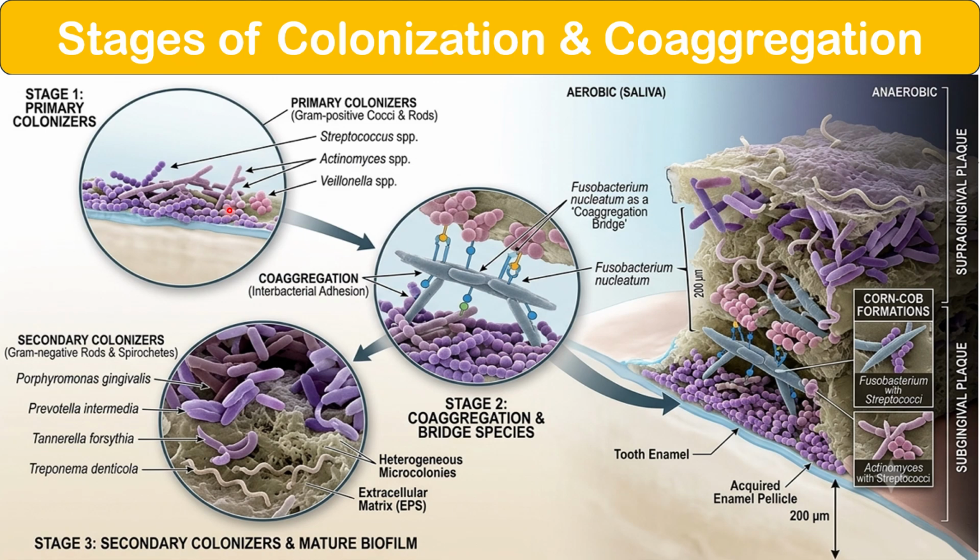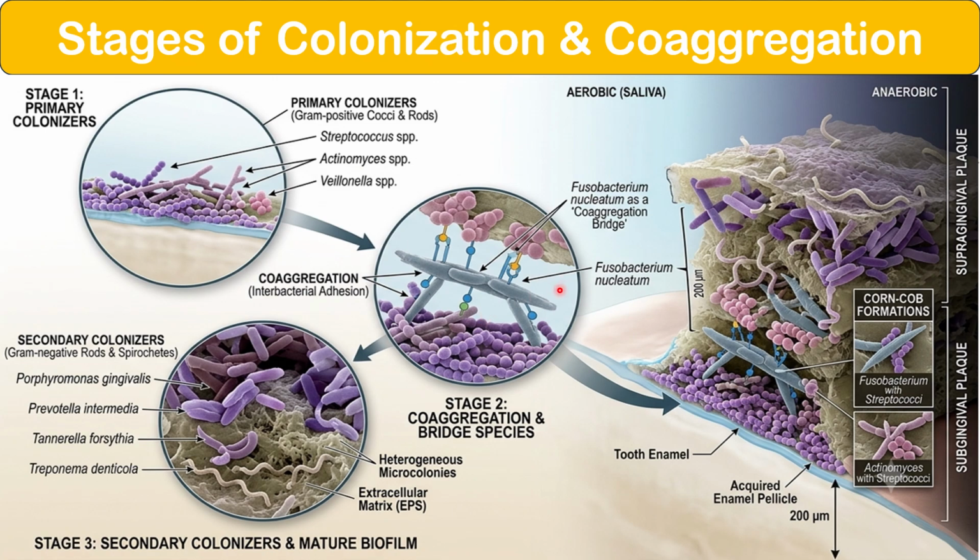Next, we have co-aggregation. It is a process by which different bacterial species attach to one another through specific interbacterial adhesion. The key organism in this stage is Fusobacterium nucleatum, which acts as a bridge species.